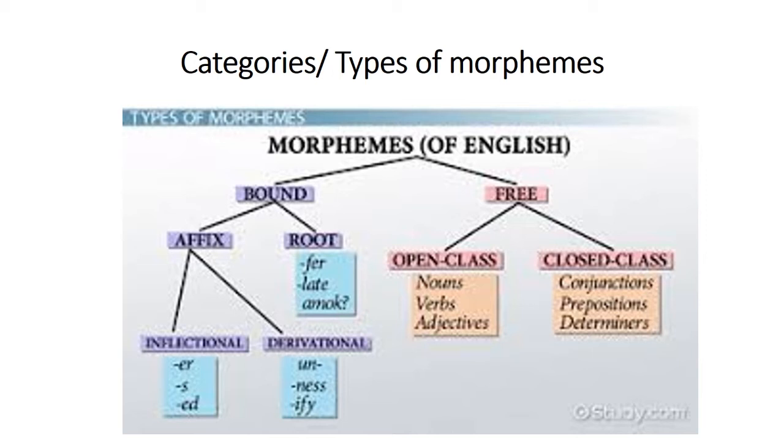For example, articles: as you know, in the English language there are three articles, a, an and the. So they remain the same, they are fixed, you can say.